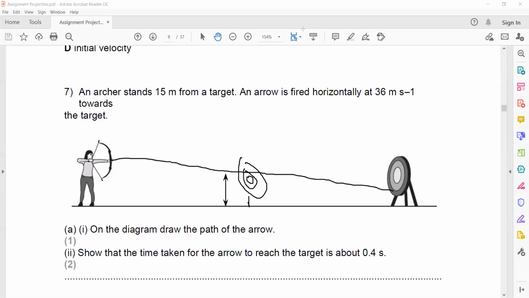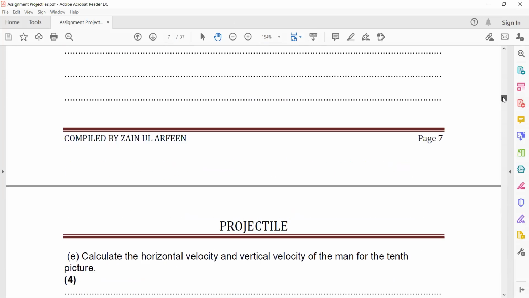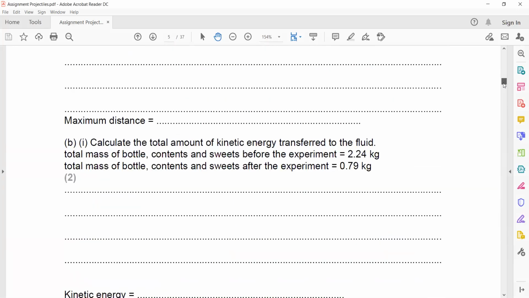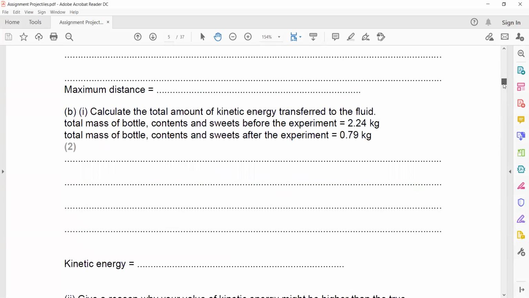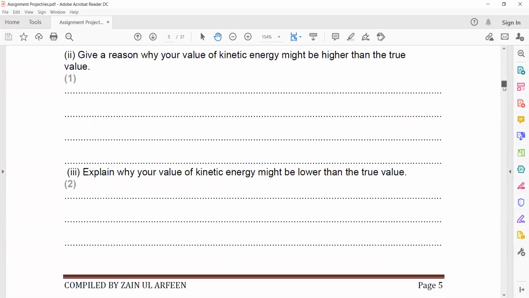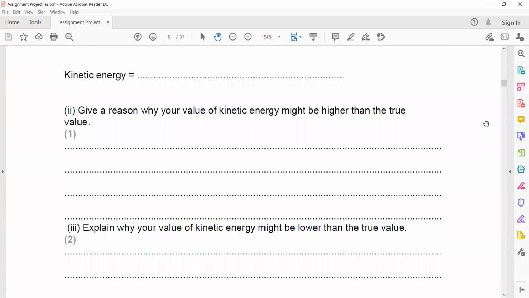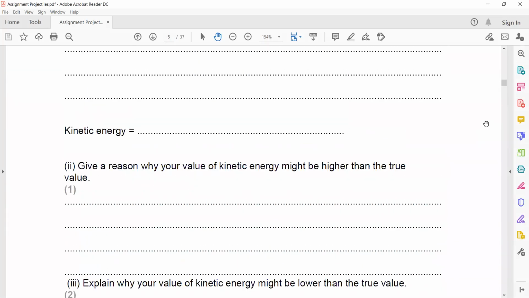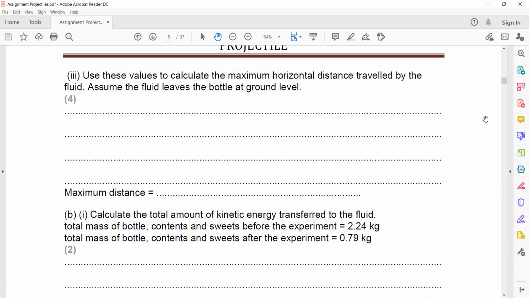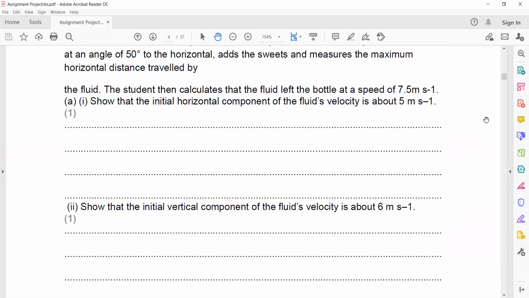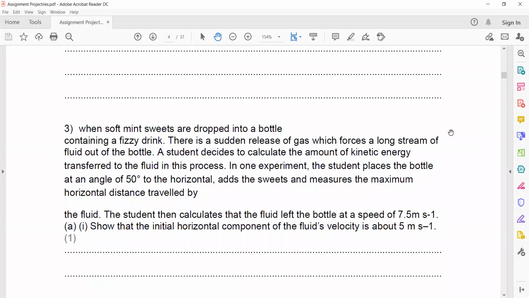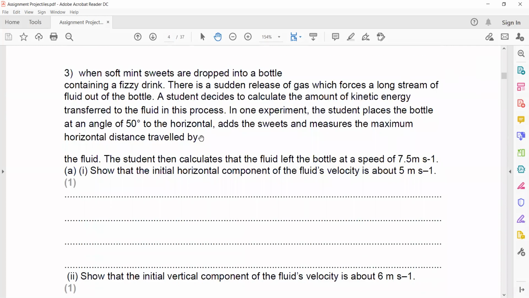Question 3B2 and 3. In the question, basically, a soft mint sweet was dropped in a bottle.